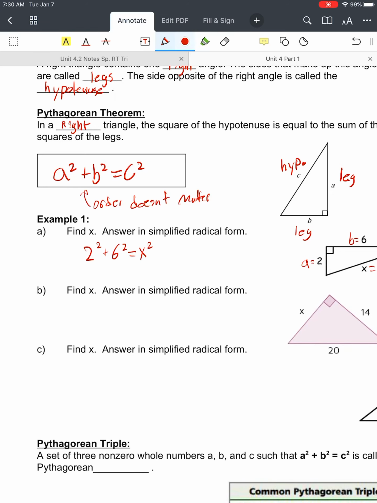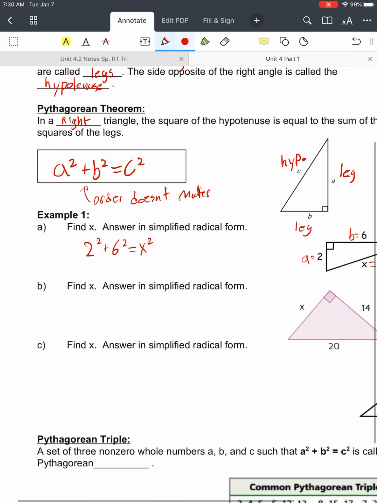We're going to solve for x, but they want us to do it in simplified radical form. The other day, we were practicing simplifying radicals, so this will be an opportunity to get a little extra practice. I'll use order of operations to simplify this expression. 2 squared is 4, 6 squared is 36, and x squared we'll leave as x squared because we're not sure what x is yet.